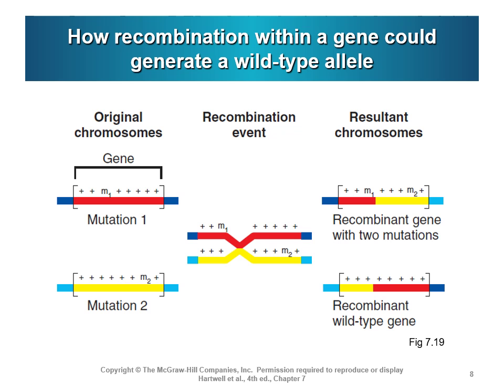Now let's actually look at what that looks like. Looking at the original chromosomes, we can see that the two genes have mutations at two different places, mutation M1 for one of them and mutation M2 for the other.